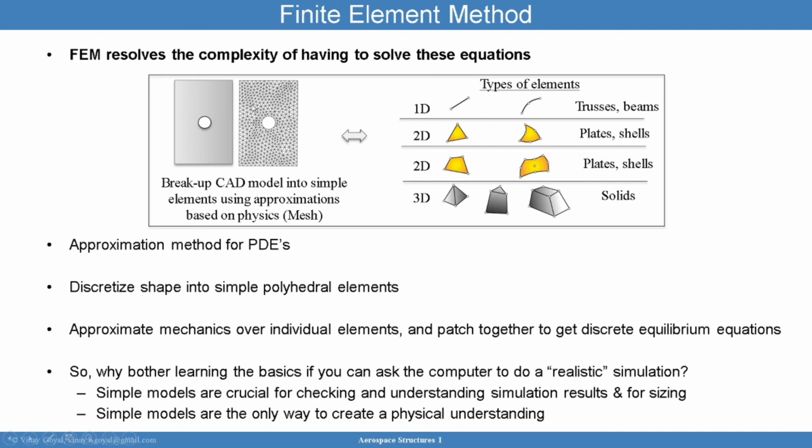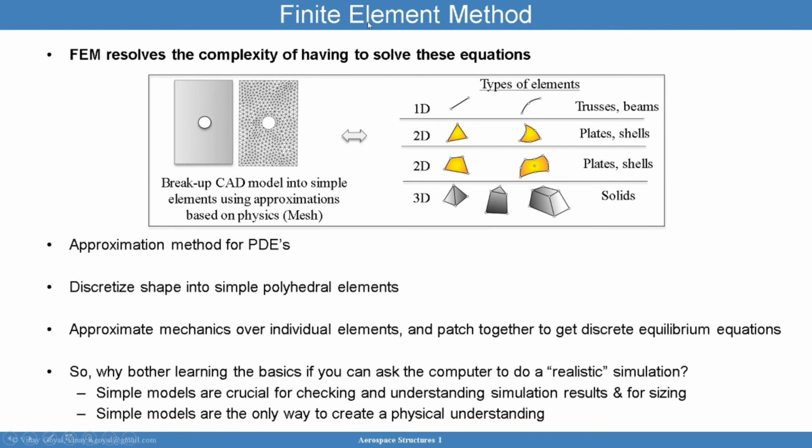And generally speaking, when you do this discretization, we know that we have an infinite number of material points here, but when we go from this domain to these subdomains, we have a finite number of subdomains. And these subdomains, these triangles, are called elements.